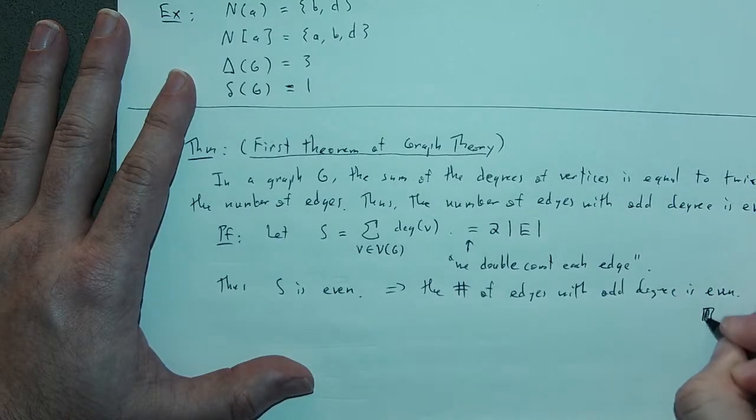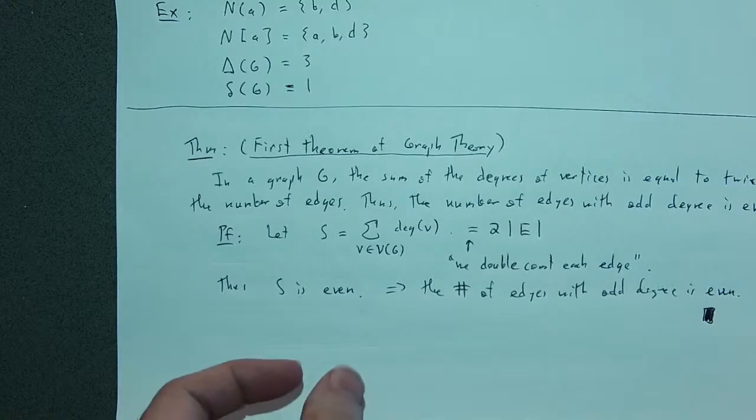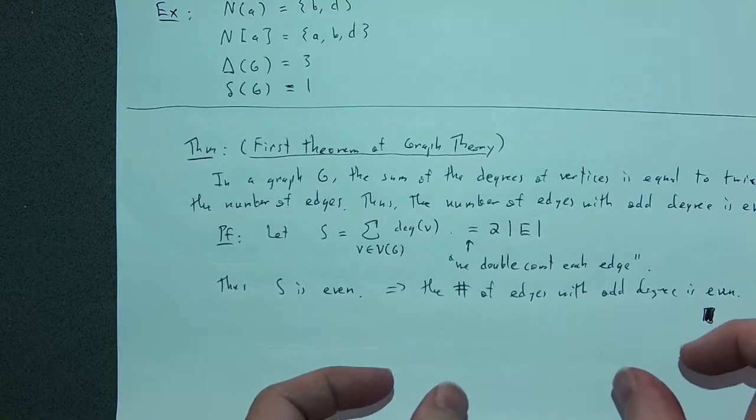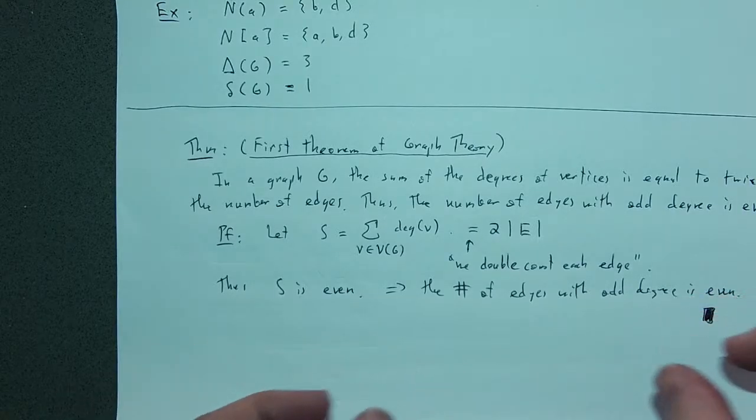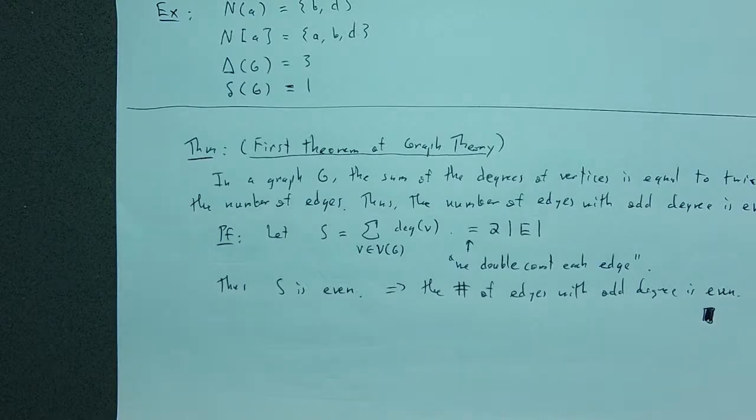So not too much to prove there. This is literally just tracking through what happens when you sum those degrees. Necessarily, you're double counting all the edges, so it's 2 times the number of edges. Because that's an even number, you would have the even degree and odd degree vertices combine, and those have to sum to produce an even number. So the number of odd degree vertices has to also be even, because if it was odd, it would produce an odd number, but it doesn't.